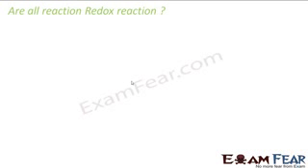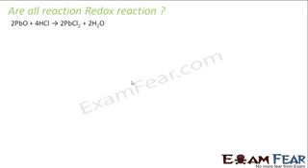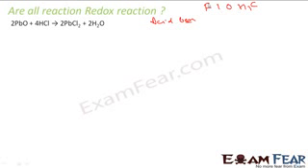Now the question is, are all reactions redox reactions? The answer is no, because there are some reactions which are not redox. For example, this is an acid-base reaction, and if you want to find the oxidation number, let's do it. Our rule says free elements are 0.